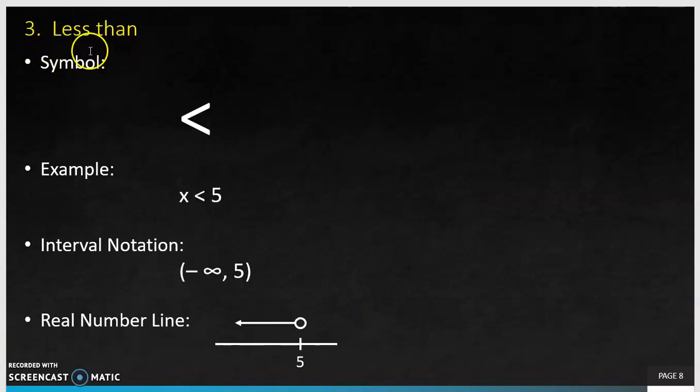Third, less than. This is the symbol of less than. For example, let's say x less than 5. As a whole number, x can be 4, 3, 2, 1, 0, -1 until negative infinity, because the value is getting smaller and smaller.